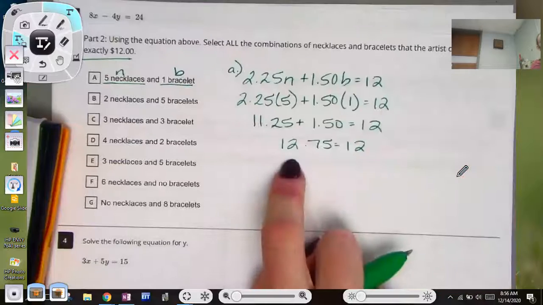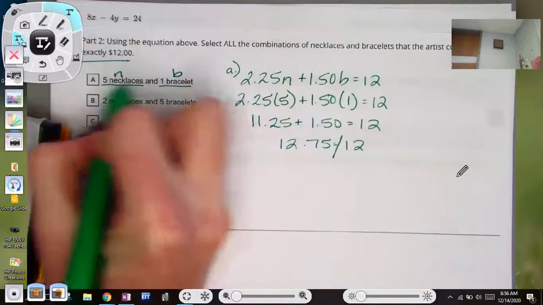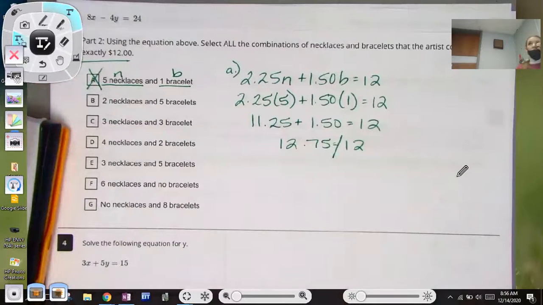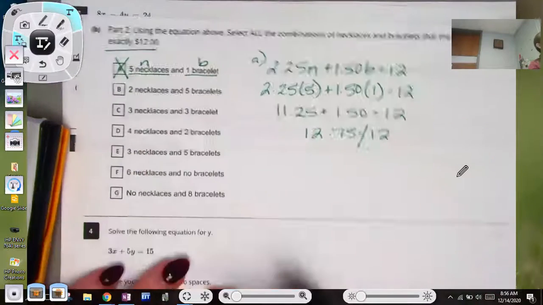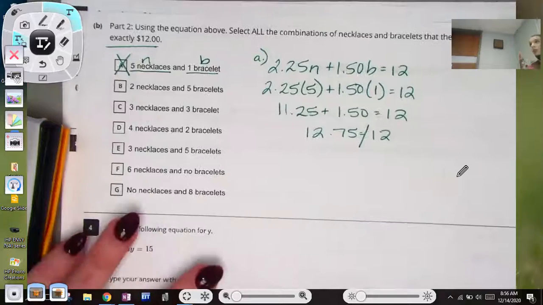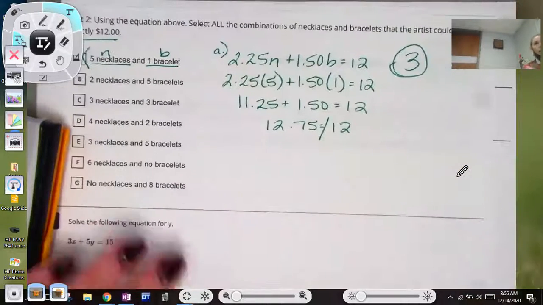Does 1275 equal 12? No. So would A work? No. All right. And for time purposes, I'm not going to go through all of these, but that is how you would do it. So you're going to select all of the ones that would work in that situation. And for those of you that don't have your study guide finished, I will tell you there are 3 correct answers to that one.